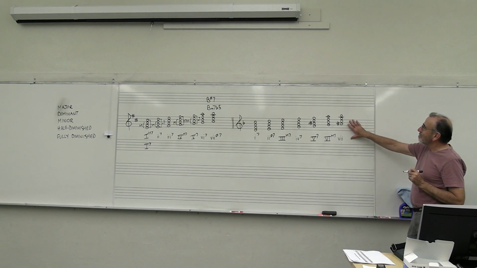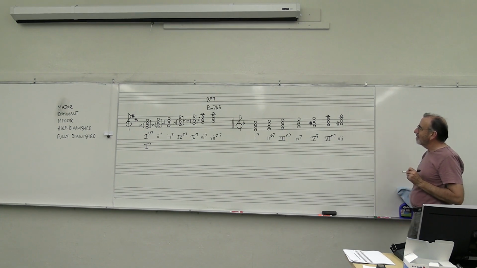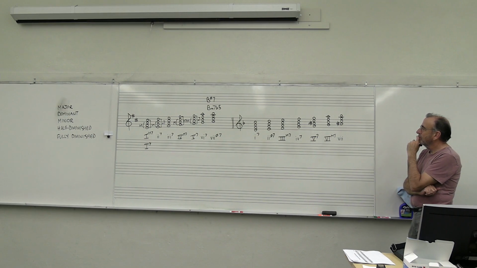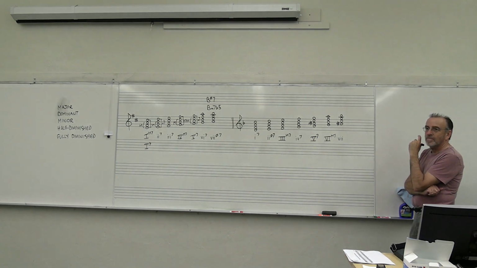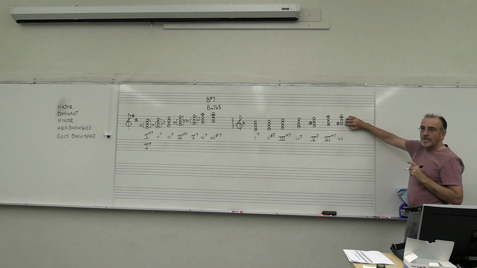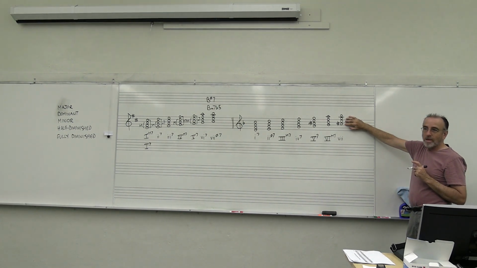And then what about this one? Again, don't forget key signature. Well, C sharp, E, G. What kind of a triad is that? Diminished triad, yeah.